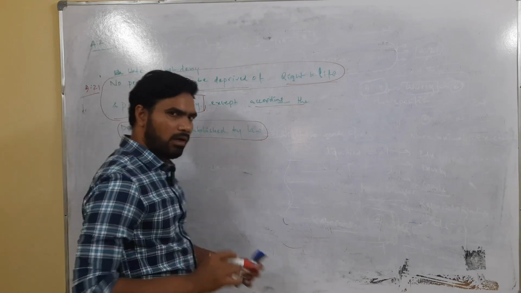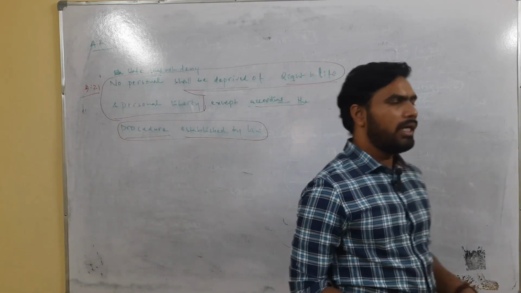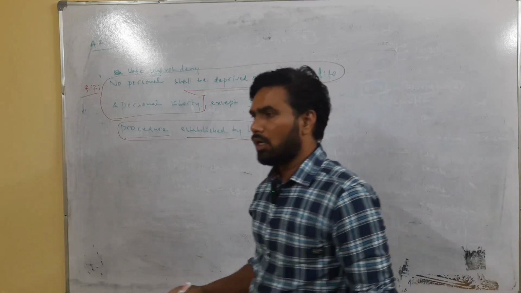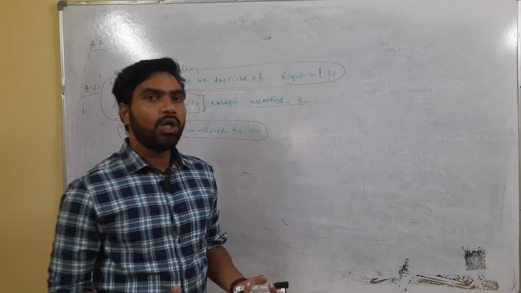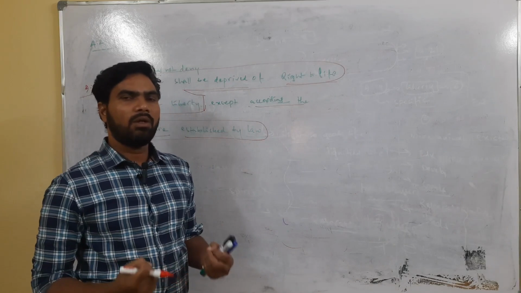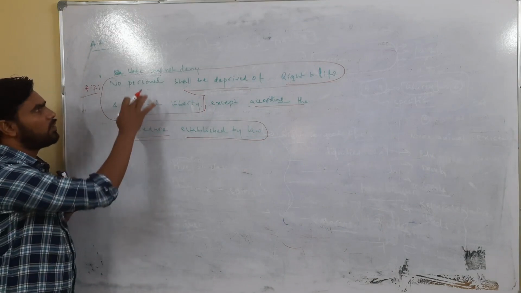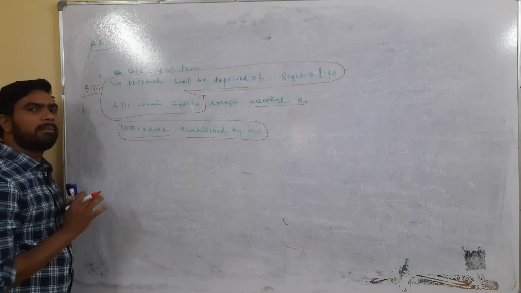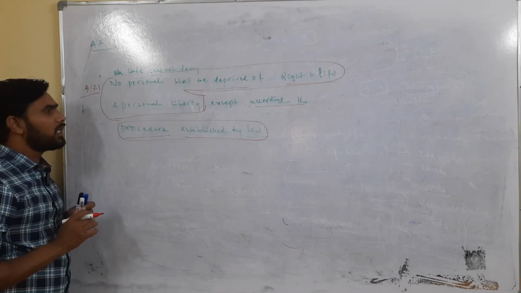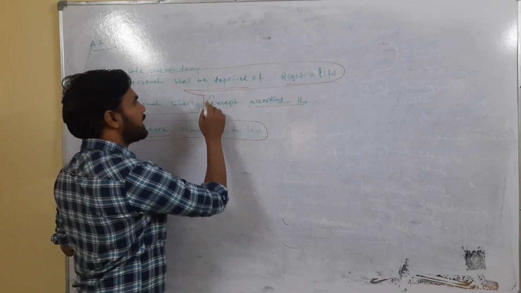So if a law is there, and the law lays down a procedure to take away this right to life and personal liberty, then in that case the right can be taken away. This is the exception.